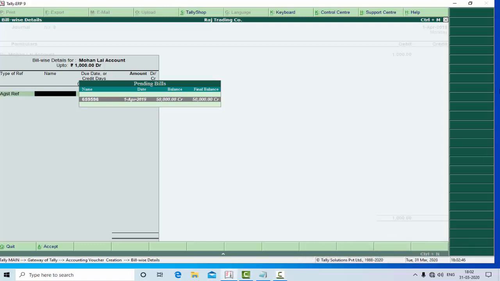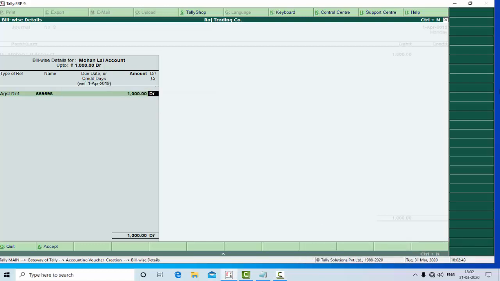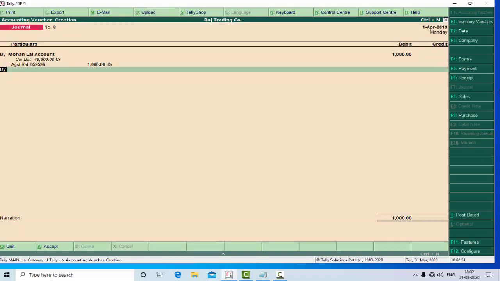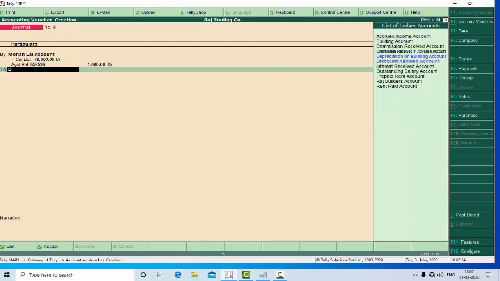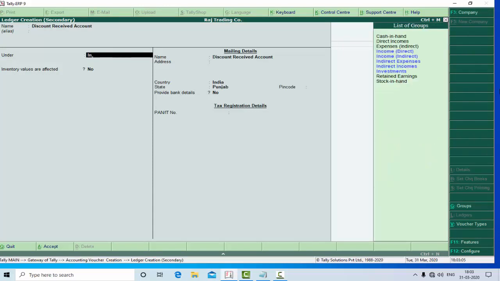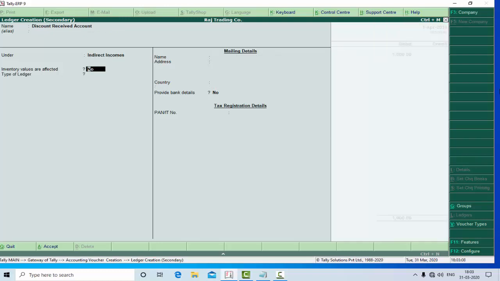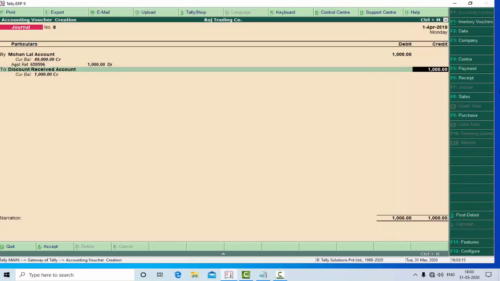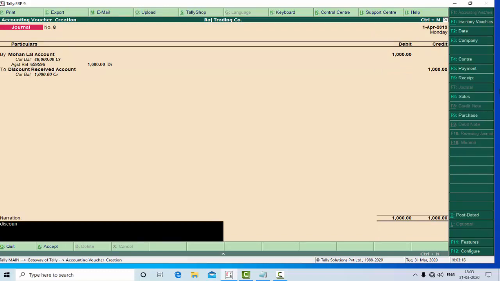That is bill number 659596, amount 1,000 will be adjusted from this bill, and credit the discount received, which is not created by us. So again create this account, discount received account, under indirect income. It's an income of our business, like discount allowed is an expense of our business and discount received is an income of our business, and amount 1,000 will be added, and narration, discount received from Mohanlal. I think you understand how this entry will be recorded.